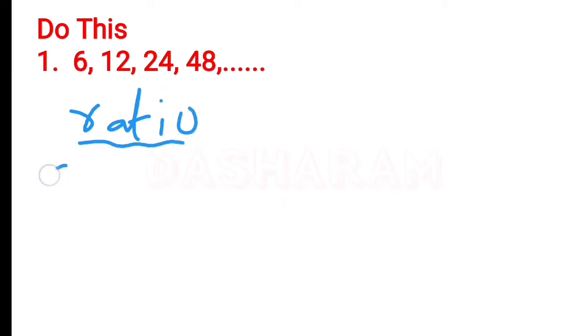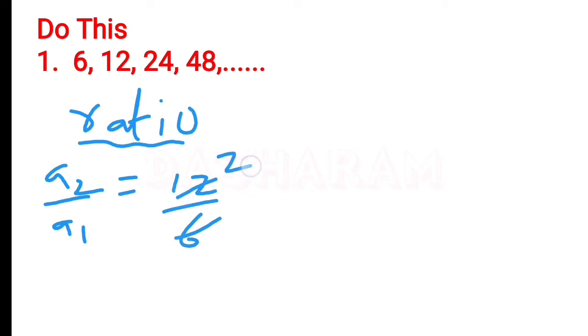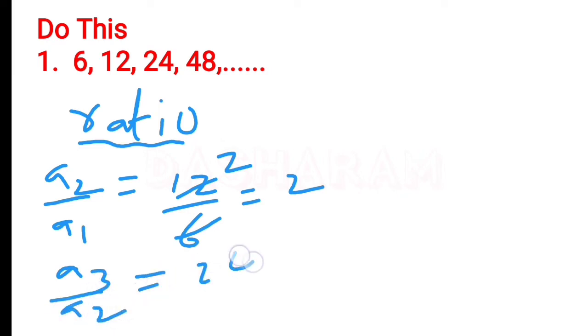What is the first ratio? a2 by a1 is the first ratio. 12 divided by 6: 6 ones are 6, 6 twos are 12, so 2 is the answer. Second ratio, a3 by a2: 24 divided by 12, 12 ones are 12, 12 twos are 24.